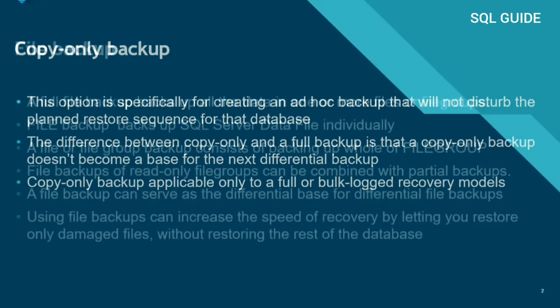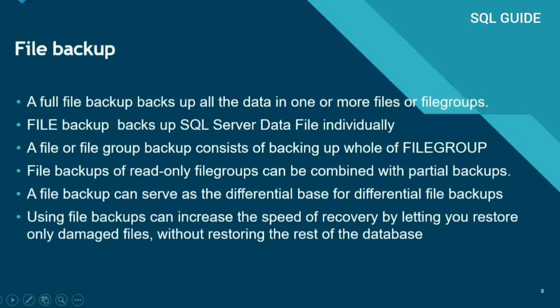Next, file backup. File backup means you can take a file group backup or of one or more files. A full file backup backs up all the data in one or more files or file groups. File backup backs up SQL Server data files individually. A file or file group backup consists of backing up the whole file group.